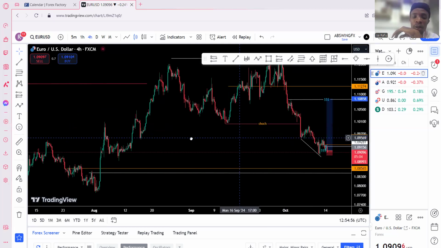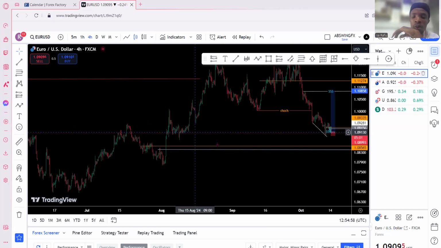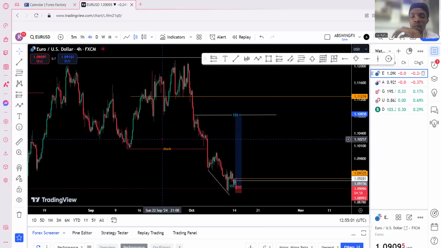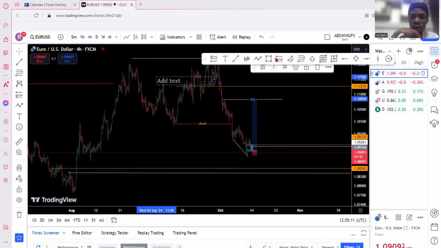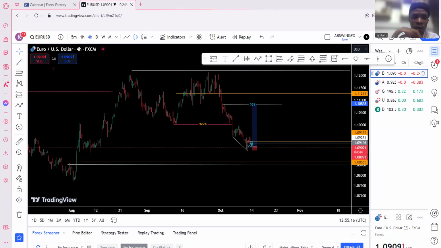Going to a smaller time frame, we can see the market from this high now swept, this high now swept.